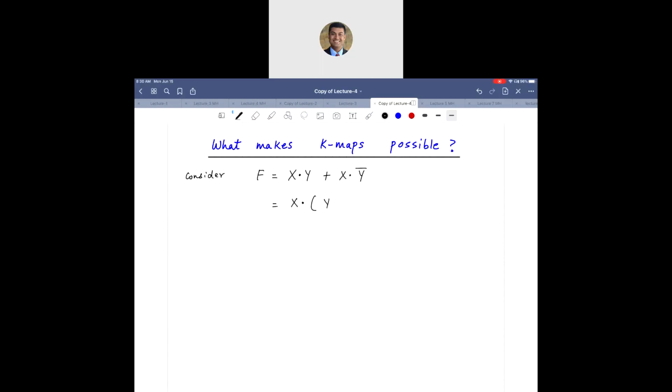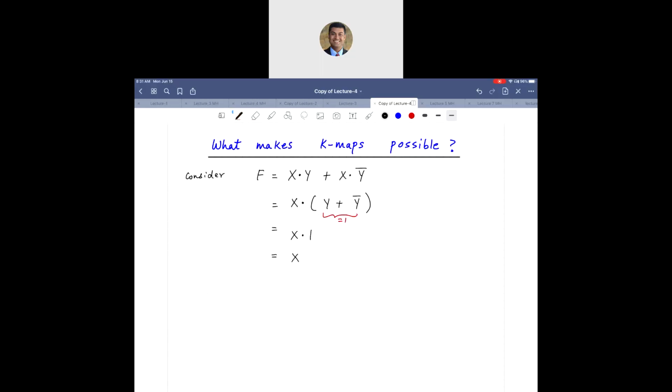And inside the parentheses, you will be left with y or y complement. Y or y complement is simply true. So this will simplify to x and 1. We know that is simply x.